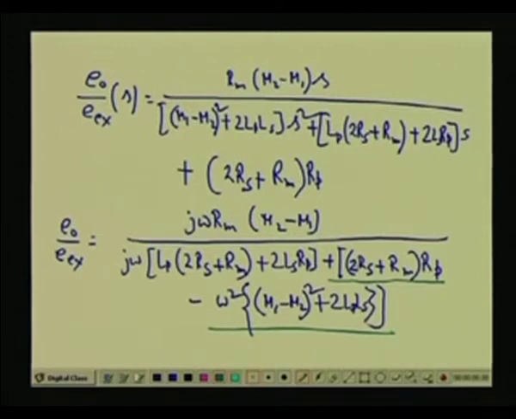So, this entire term, that means 2 RS RM multiplied by RP minus omega square (M1 minus M2) whole square plus 2 LP LS should be 0, right. So, to make the input output phase shift 0, the last term of the denominator is to be 0.